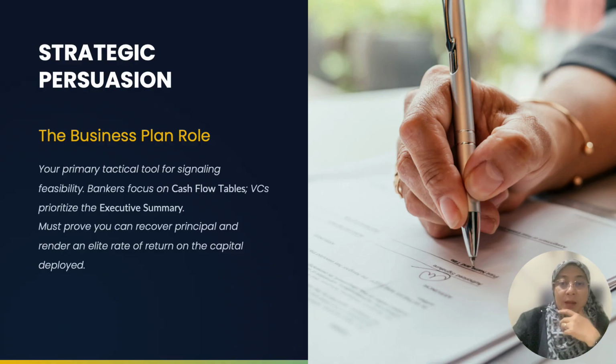Usually bankers will skip directly to the cash flow table, mostly to test your repayment feasibility. And venture capitalists go straight to the executive summary, which sums up everything in the business plan, in the first part of your business plan, to see the scalability and viability of the business itself.